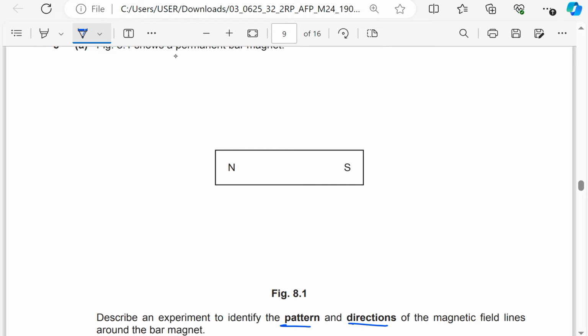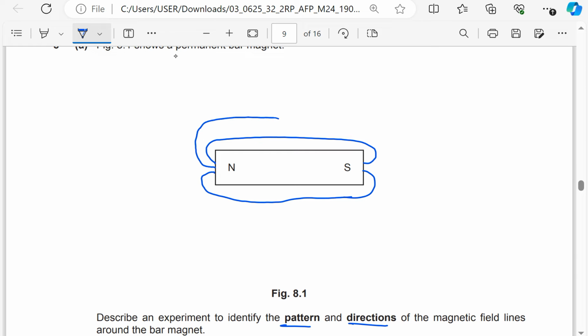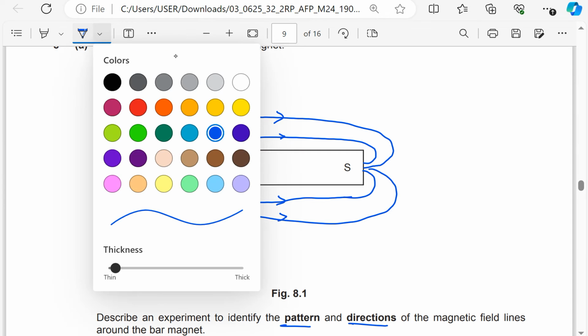I know that field lines originate from north and terminate at the south, so I'll draw arrows from north to south.